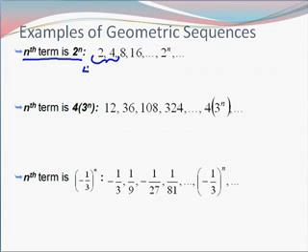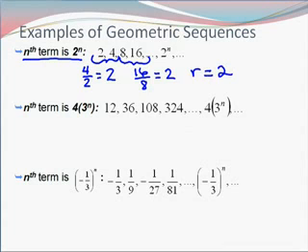You've got 4 divided by 2, which is 2. And just for kicks, let's see what the fourth term divided by the third term is. 16 over 8 equals 2. And indeed, our common ratio, r, in this case, is going to equal 2.